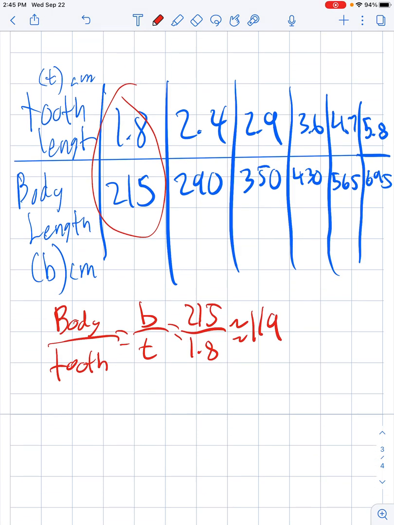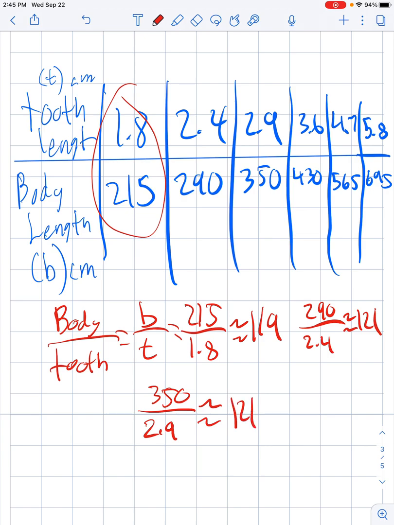Now I'm going to do that same thing for all of my problems. So 290 over 2.4, that's approximately 121. 350 over 2.9, that's approximately, again, the squiggly line means approximately, another 121.